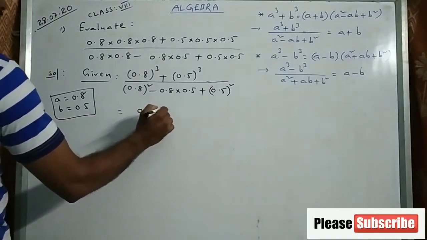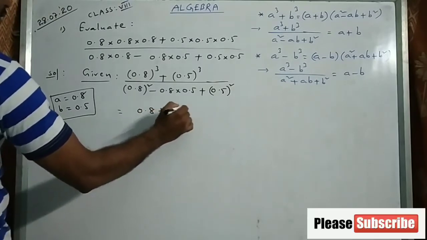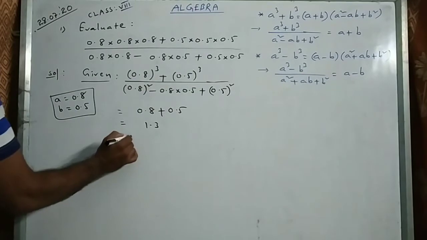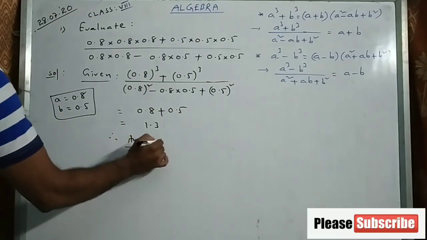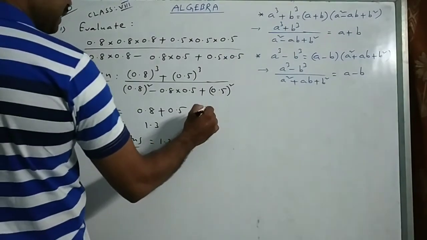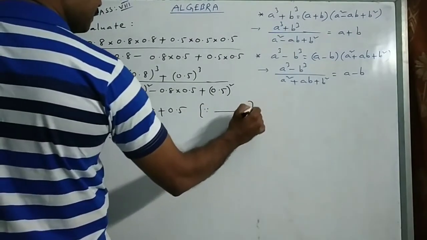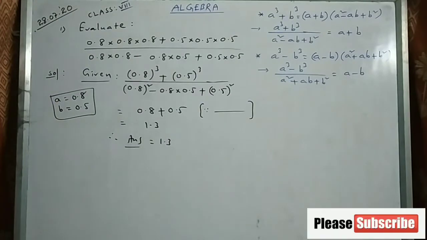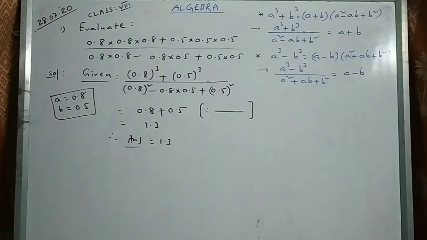So 0.8 plus 0.5, how much? 1.3. So therefore answer is 1.3. In the exam you should write this formula. Clear? Easy now? So we will see one more problem.